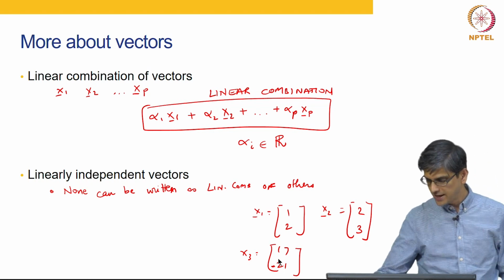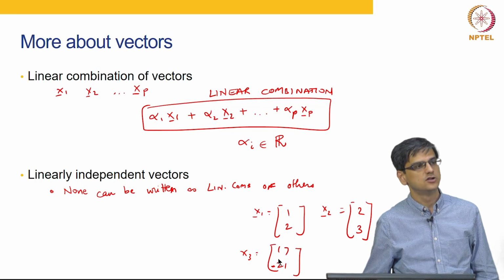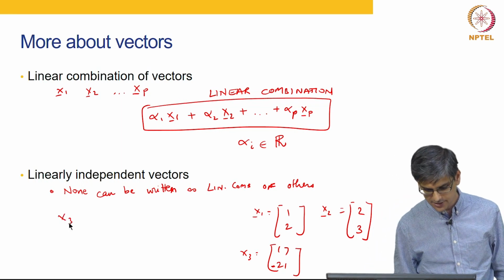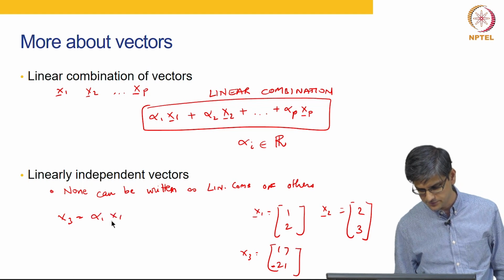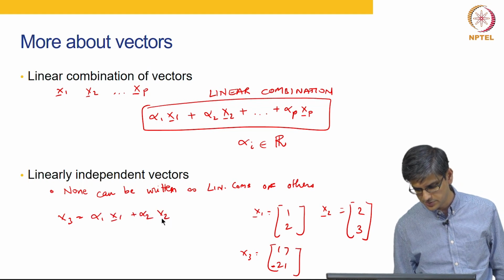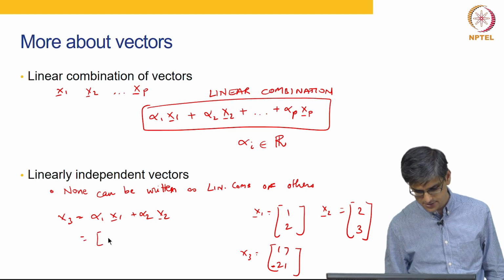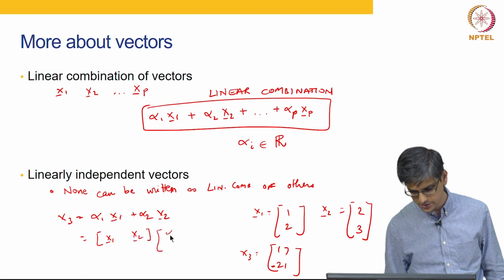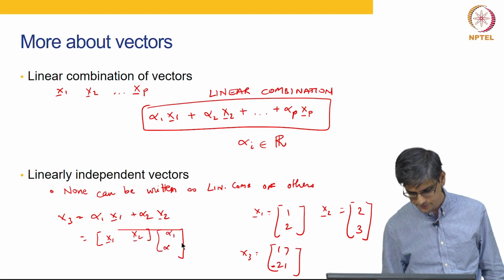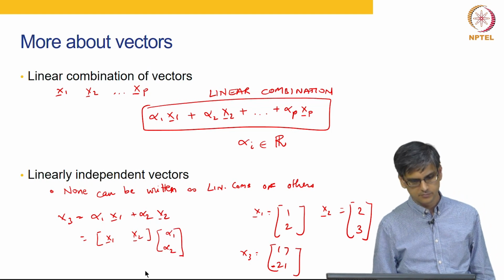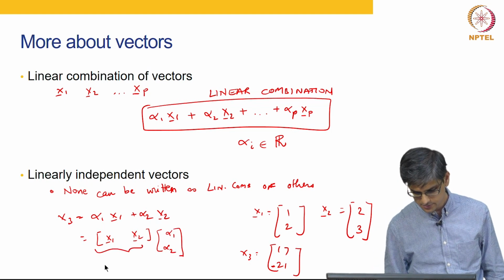You can always find alpha 1 and alpha 2 such that x3 is alpha 1 x1 bar plus alpha 2 x2 bar. How can we write this? We can write this as x1 bar x2 bar multiplied by alpha 1 alpha 2. This matrix is nothing but 1 2 2 3.